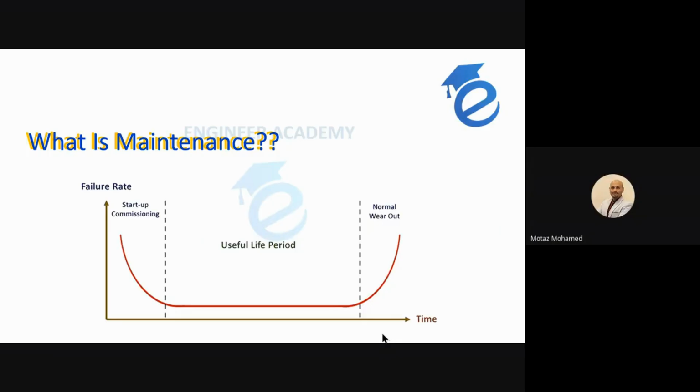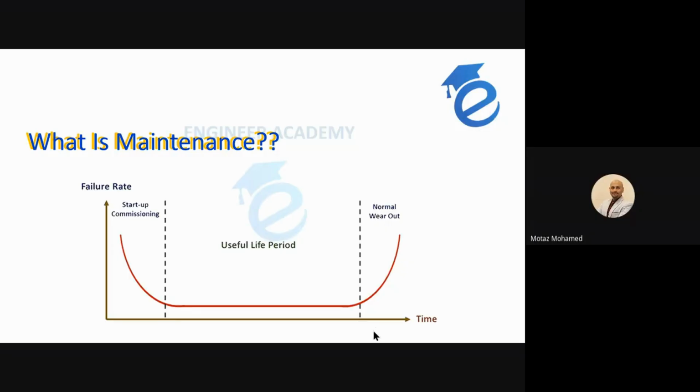If you have some sort of experience, just press 1. And if you don't have any experience about vibration, it's your first time to hear about it, just press 2. Okay, 1.